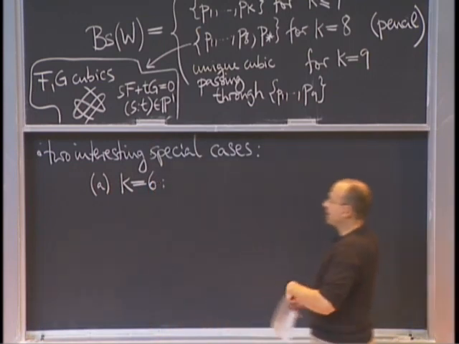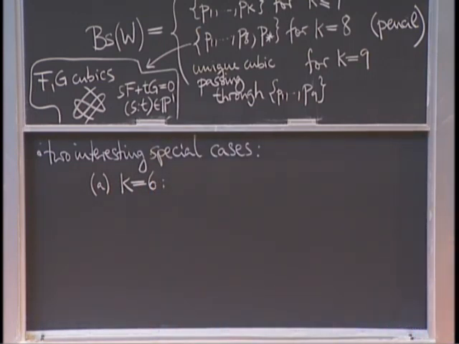Right, so you're looking at all cubics passing through 6 general points in the plane, then the base locus of that linear system is just going to be those 6 points. According to the fact that I stated, that's more or less believable. And now the base locus is the indeterminacy locus of the Kodaira map. And we can resolve indeterminacies by blowing up.